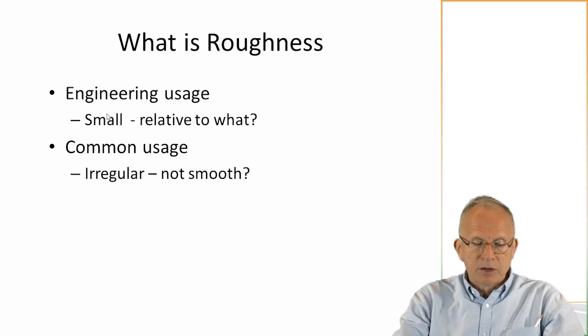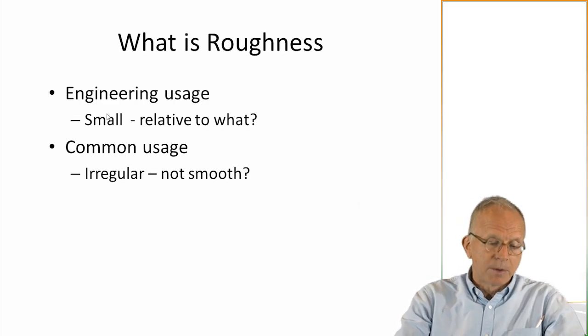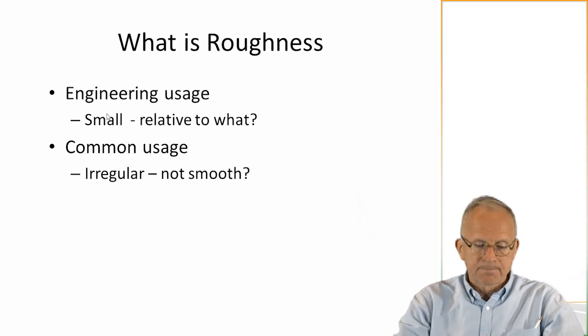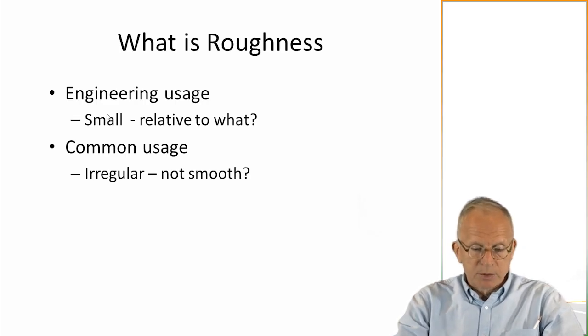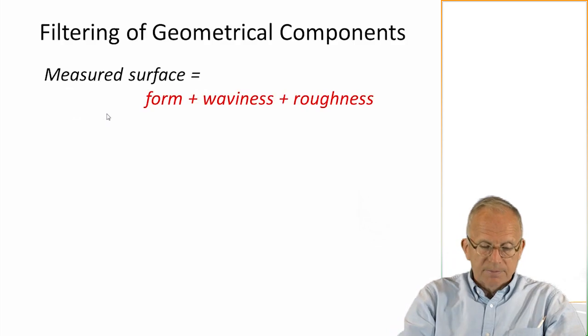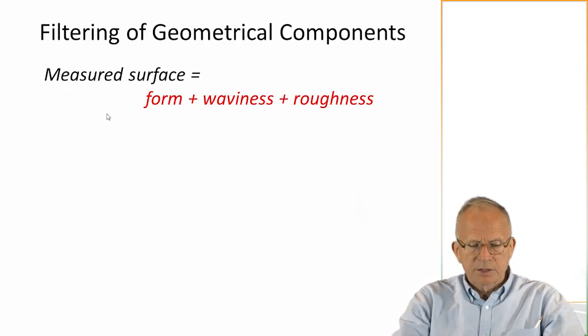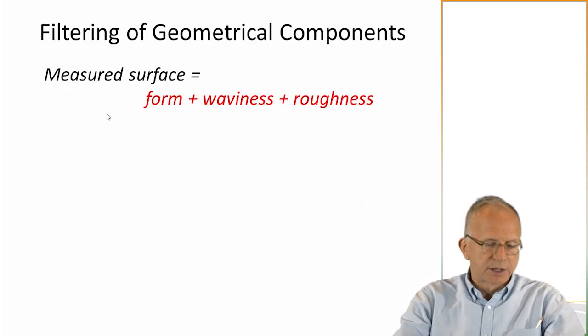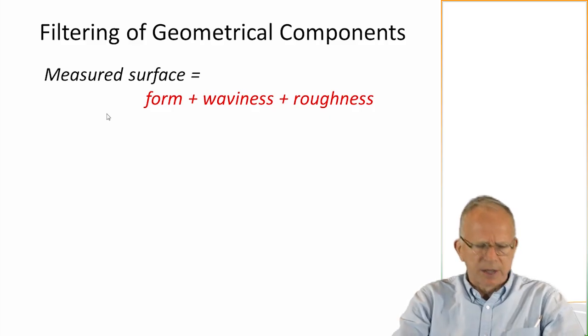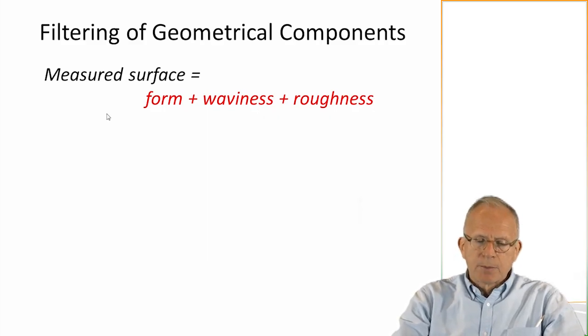For the common usage, often people talk about something rough, meaning it's irregular. The Rocky Mountains are rough, they're irregular. So not smooth. And so we would need to look at some way of defining smoothness, perhaps related to entropy, but that's a subject for a different lecture.